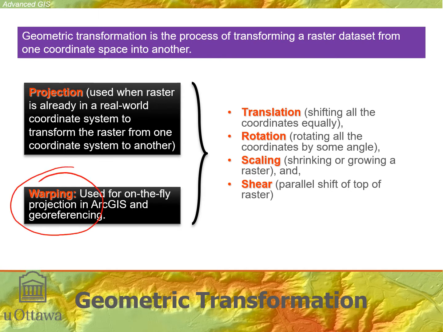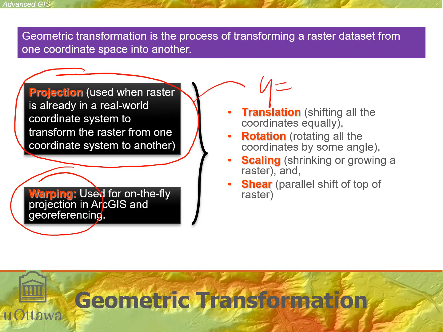And the second way in which we undertake geometric transformations of rasters is using projection. Projection is used when we already have a raster in a coordinate system within the real world, and we just want to change the coordinate system of an existing raster. These use equations that are well known to transform from one coordinate system to another.